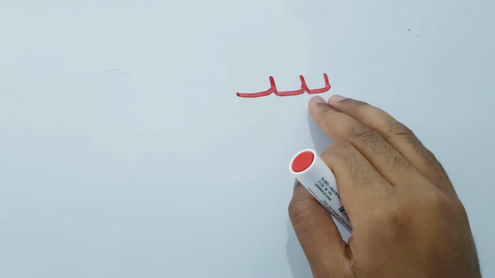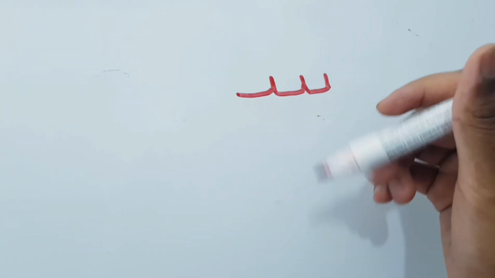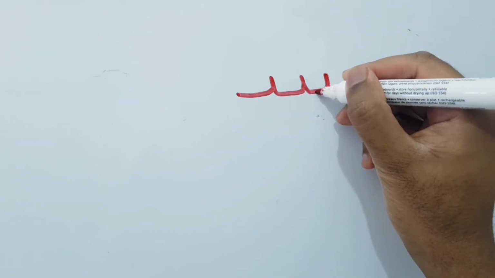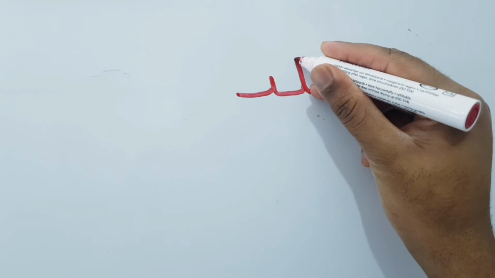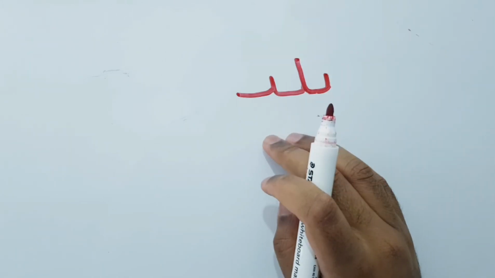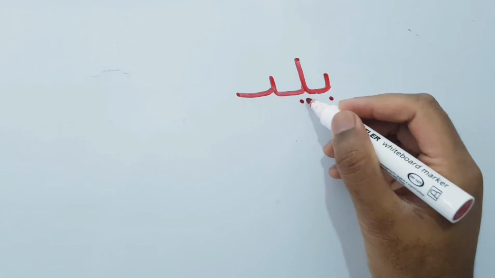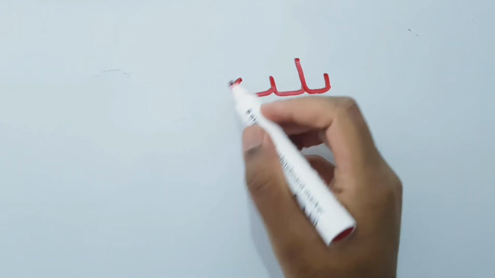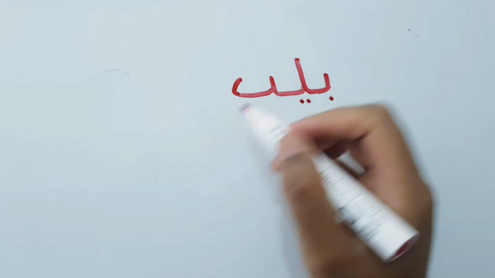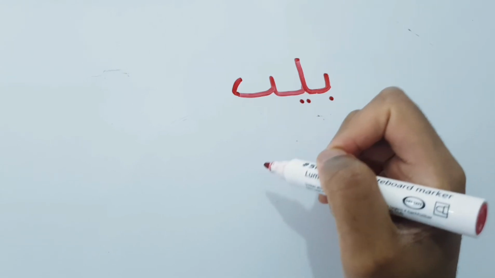The rule says if there's 3 of them which appear next to each other like this, then you have to raise the middle one. So I would do this. I would raise the middle one. Raising the middle one differentiates it from sin, basically. So this could be ba, this could be ya, and this could be ta at the end. طيب.